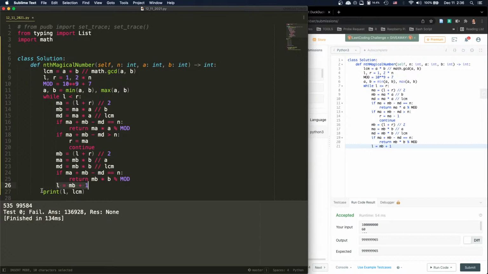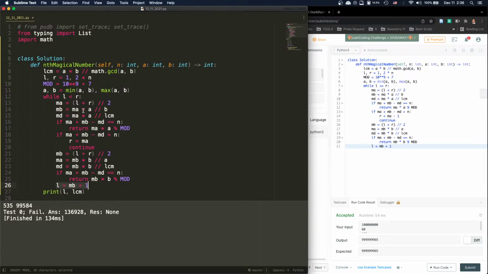Then it should be starting from 535. We're going to go down, right? Hold on, let me think again. It's too small, right? So this value is too small. We need a value bigger than MA times A. Right? That's what we want.